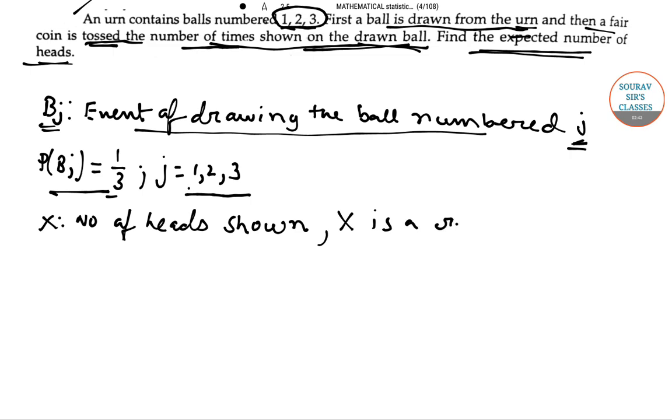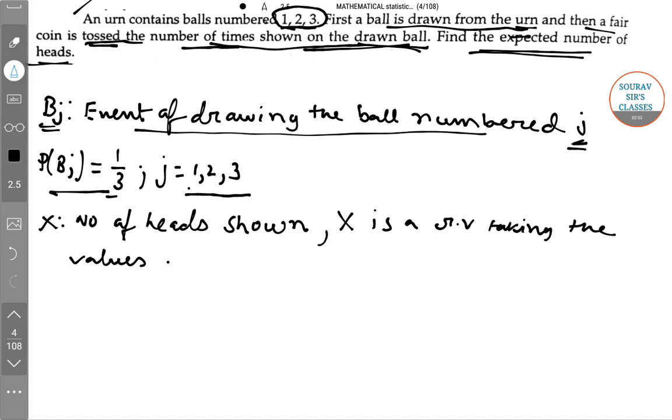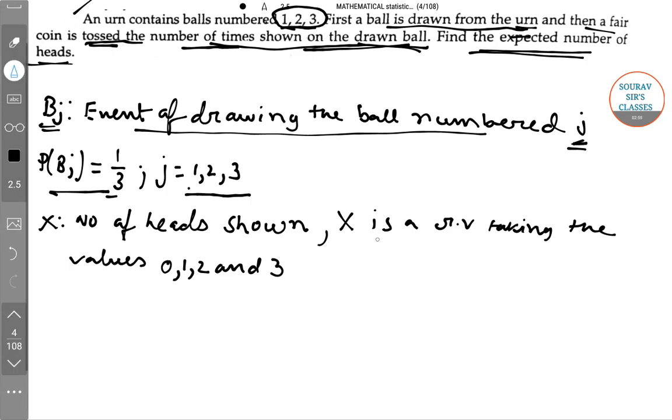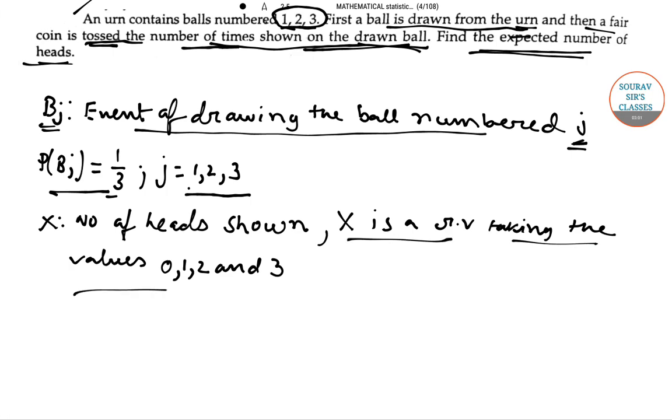X is a random variable taking the values 0, 1, 2 and 3.